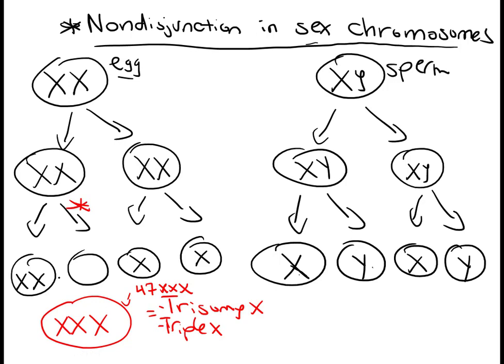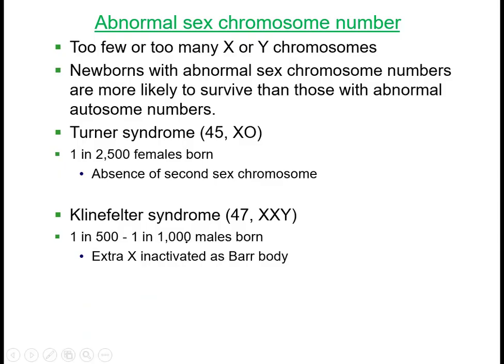Now, another possibility that could happen is this Y could fertilize the cell that has the 2 Xs, and what you end up with is XXY. So again, this would be a trisomy in the sex chromosomes. Now, individuals with XXY, this is actually a syndrome known as Klinefelter syndrome. This affects somewhere between 1 in 500 and 1 in 1,000 biological males that are born.